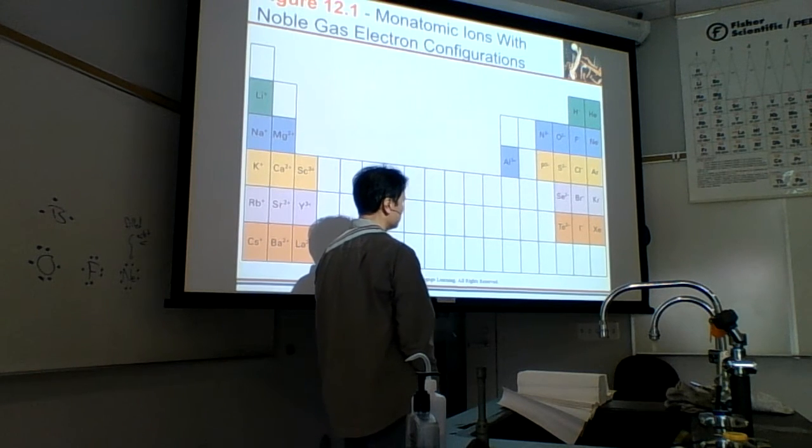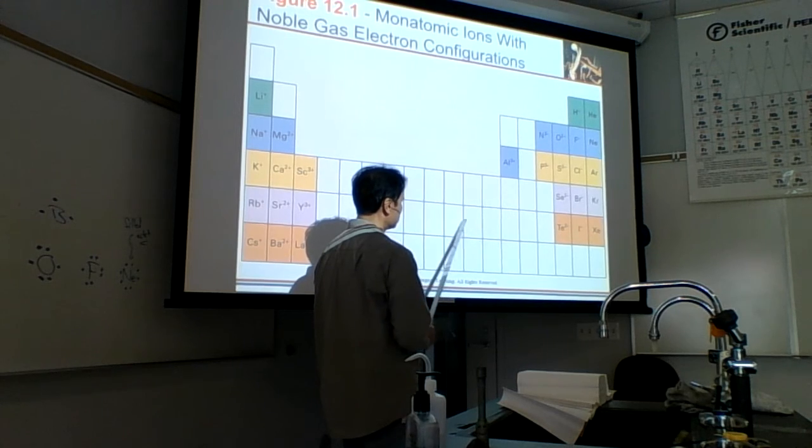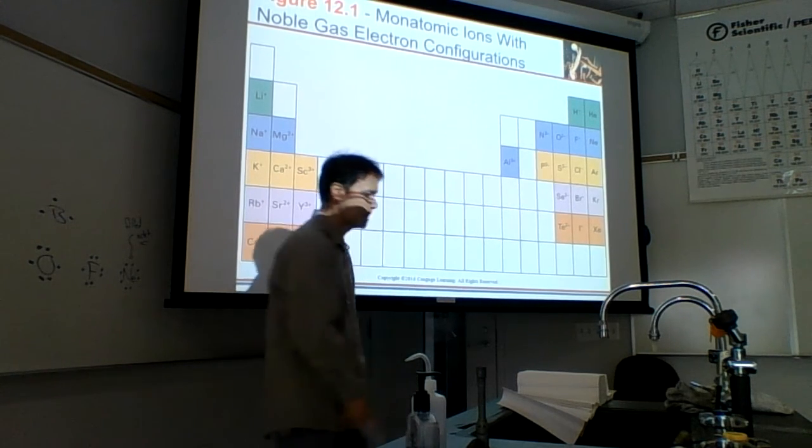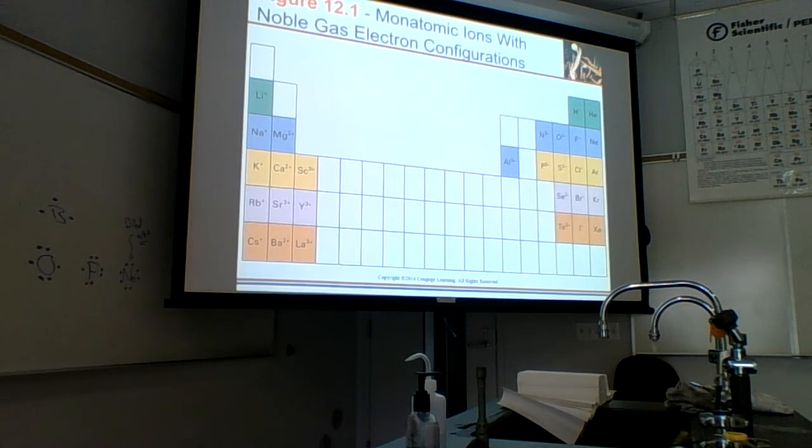There are some that are missing. Fixed charge would be zinc, cadmium, and silver. The boron would be +3. Beryllium is +2. It's missing here. Boron's +3. Carbon is +4 or -4 or somewhere in between.